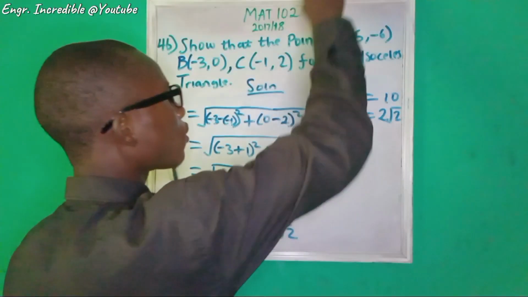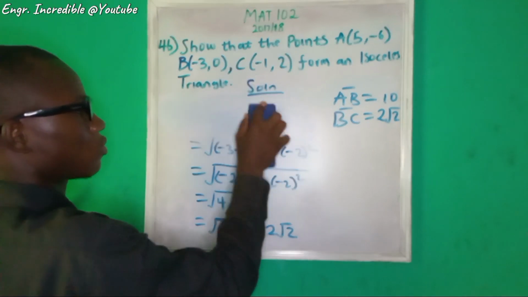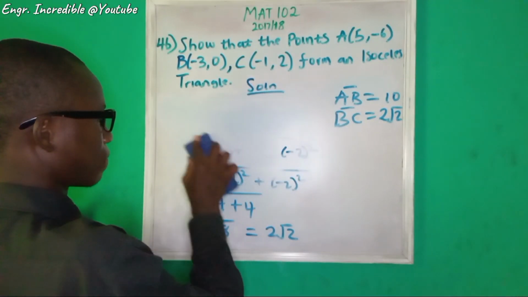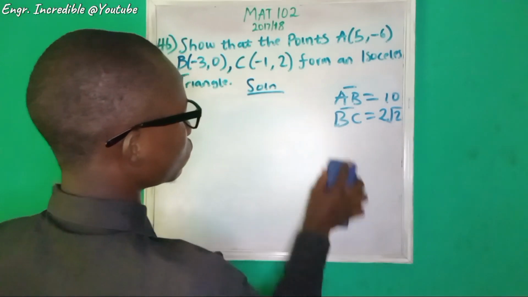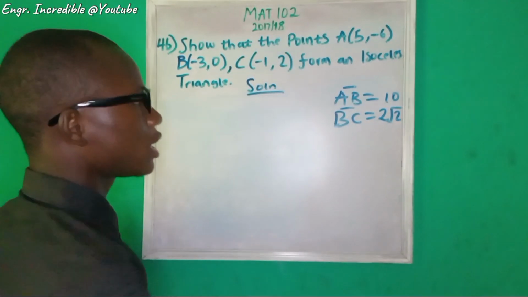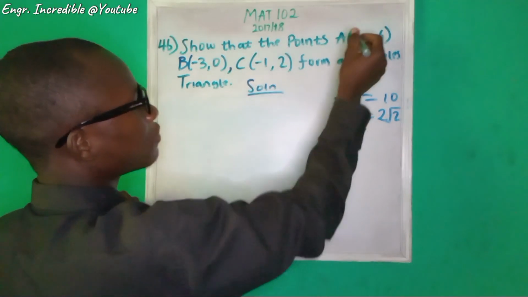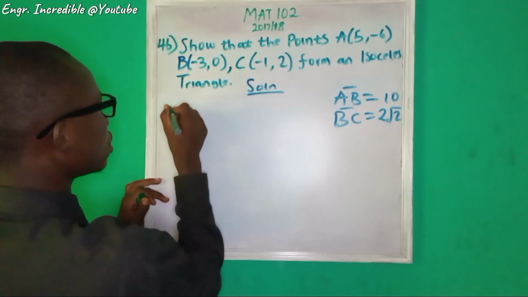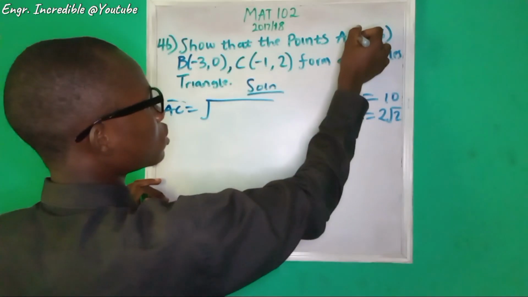So now let's find our line AC. In order to confirm whether it's totally an isosceles triangle, we have AC is equal to the square root of the first one minus the first one here.